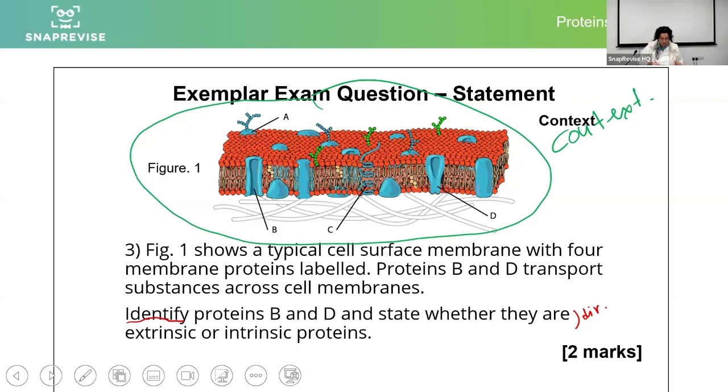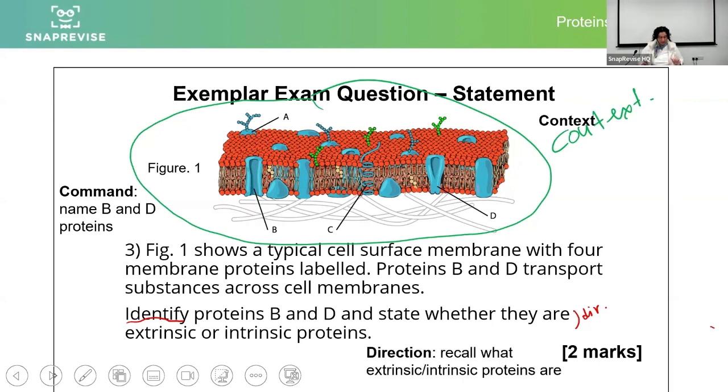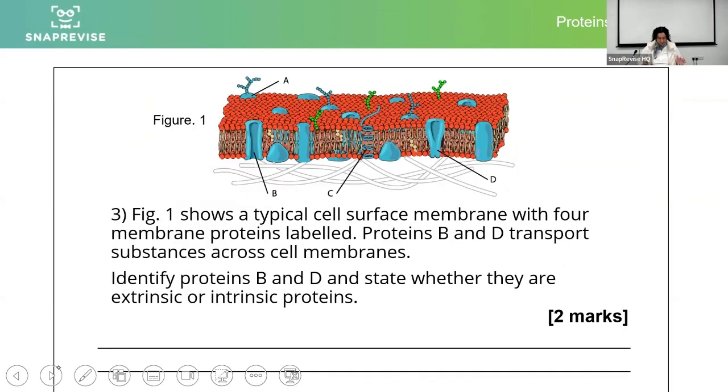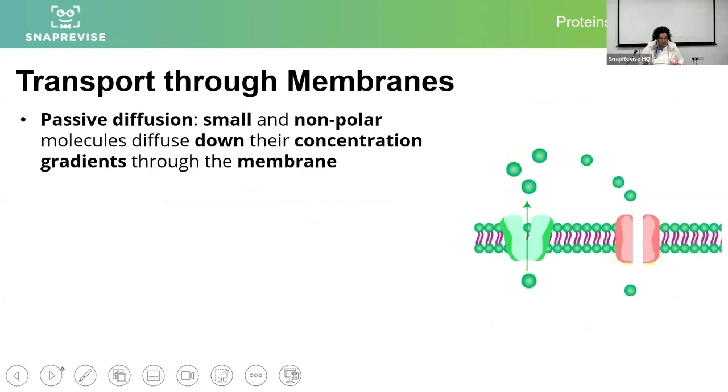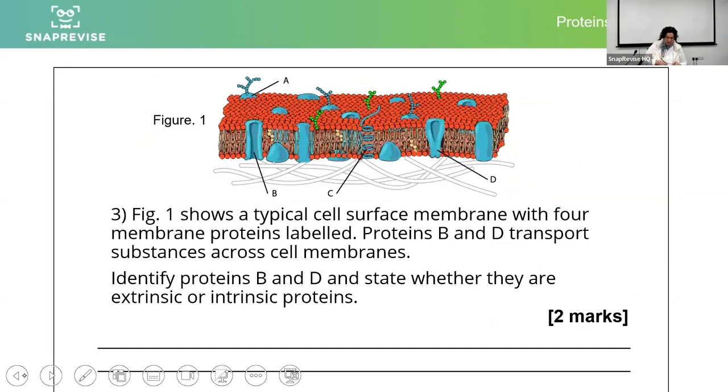So first of all, I'm looking at their structure. I'm looking at B. I'm looking at D. I can see that they span the entire membrane. So I can just start my answer by identifying them.